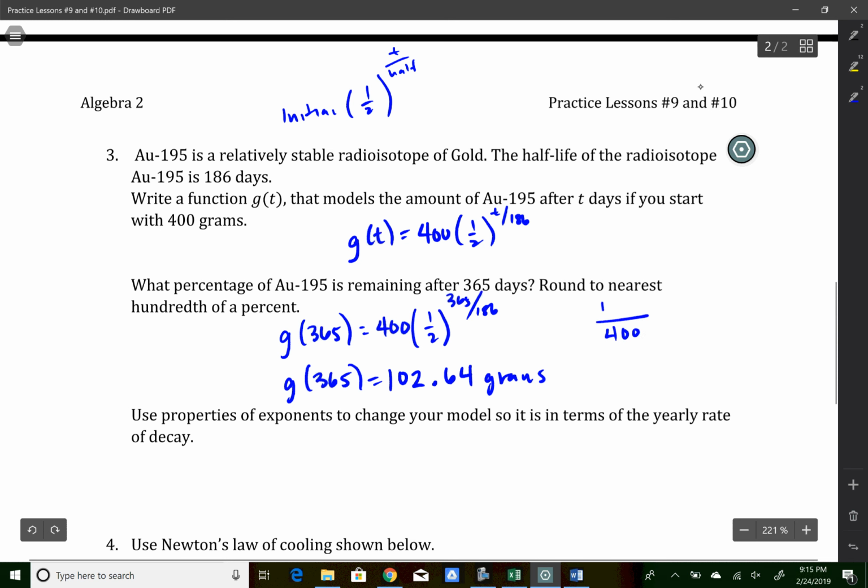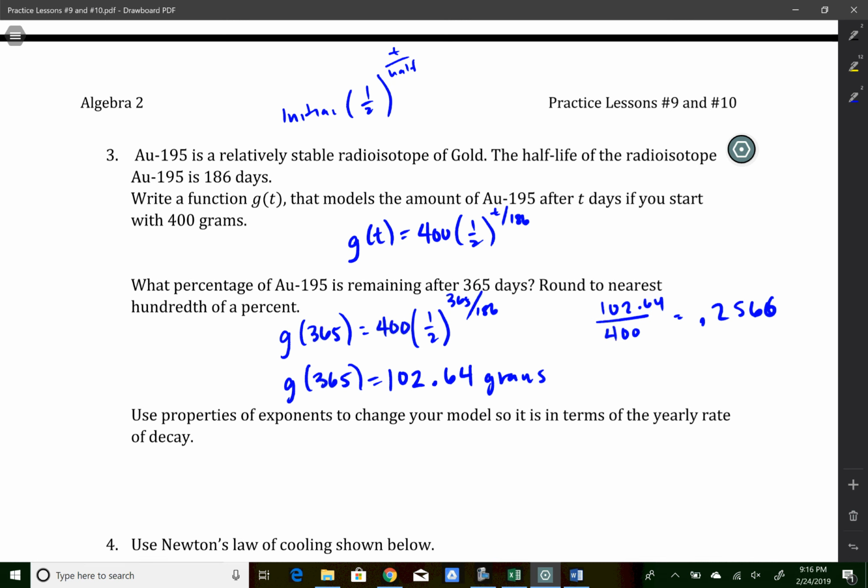If I divide 102.64 and 100, I get 0.2566. Now that's the percentage that's left. So if I multiply that to a percent, there's about 25.66% left.